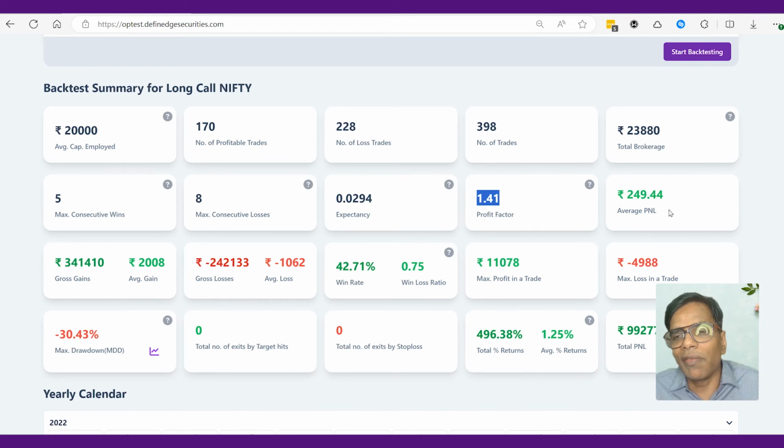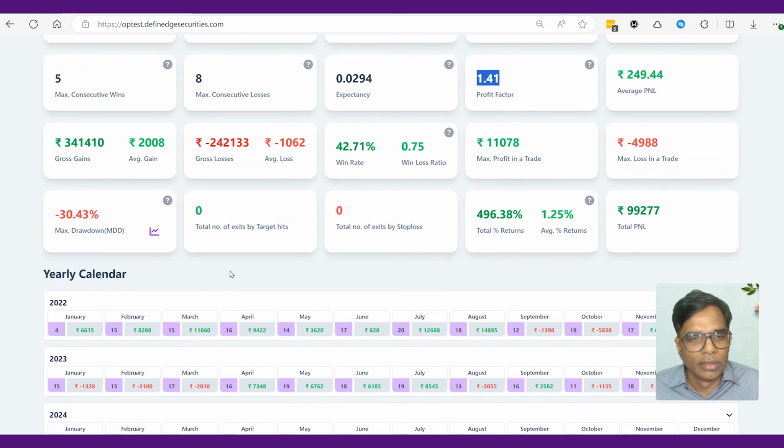Now what is the average PNL? On an average, if I take a trade, how much money can I make on that particular trade? Around 250 rupees. Now these are the gross gains and average gain, overall, and this is the gross losses, and this is the average loss.